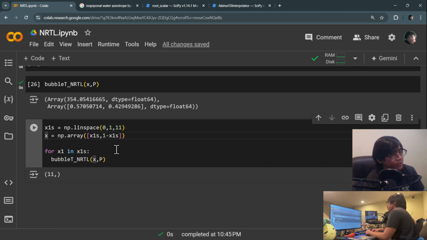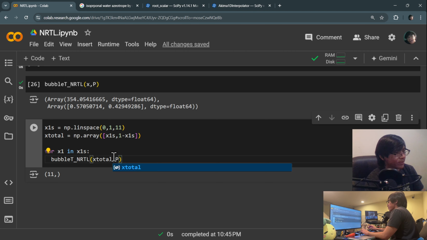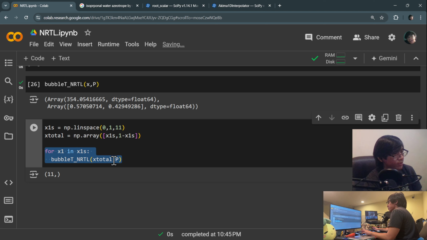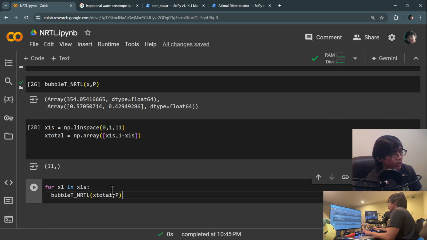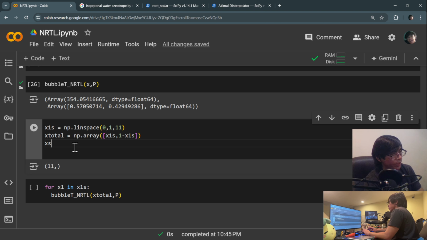Total composition, maybe. x total makes sense. I'm not good at making names, so hopefully that works. Actually, I want to see what that looks like.